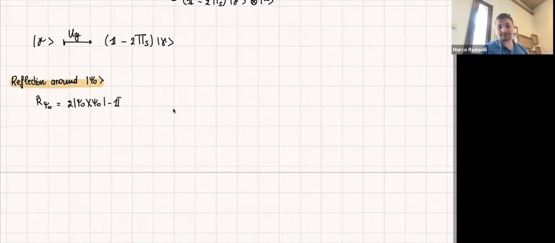At this point, you probably realize that the form identity minus 2 times a state, or 2 times a state minus identity, is a reflection. Okay, so this is a reflection around psi naught.